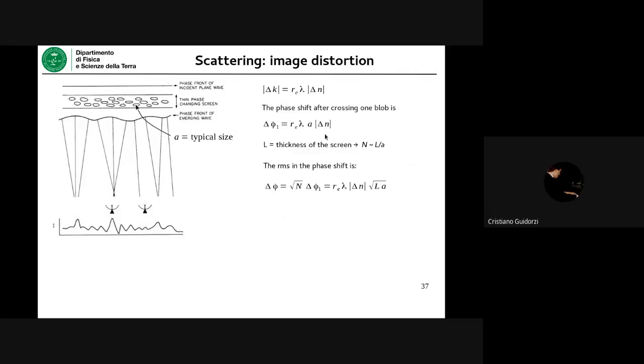So the average value will be n times delta phi 1 with a scatter of what I called here delta phi, which is exactly what we are mostly interested in. So this is telling us the typical difference between all the rays in terms of direction of propagation when they come out of the screen.